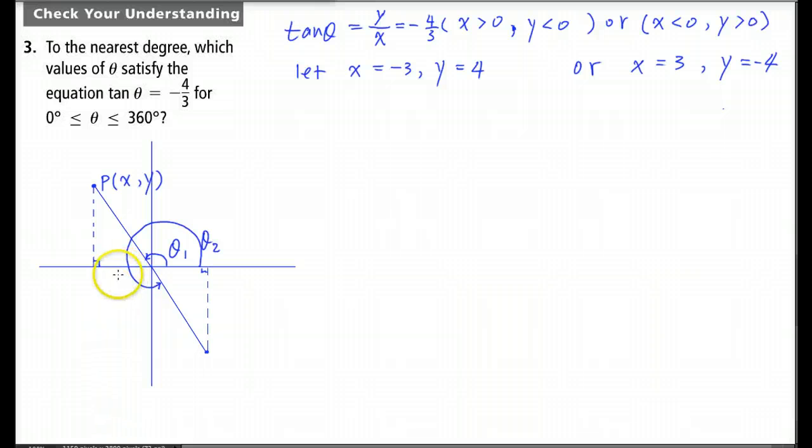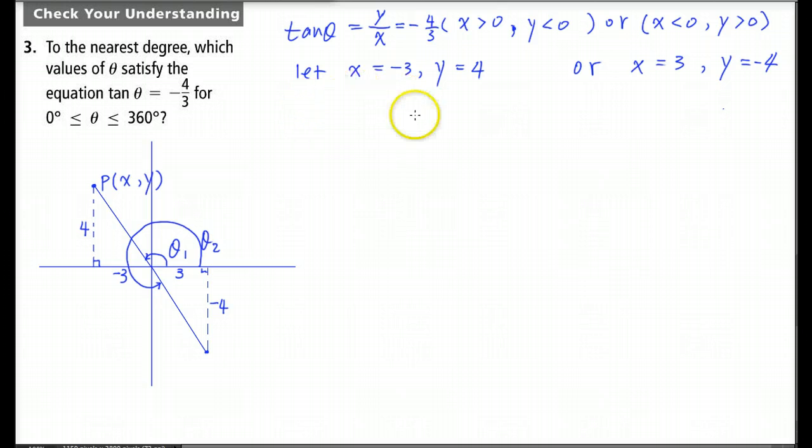Let's make this one -3, +4, and this one +3, -4. Then we can find the angle. Since we already know x and y, we don't need to find r, because we just need to find theta. We don't need the other trigonometric ratios; otherwise, you do need to find r.